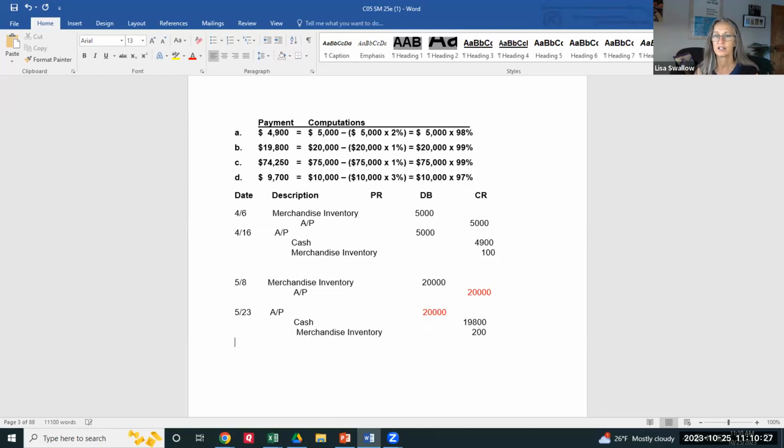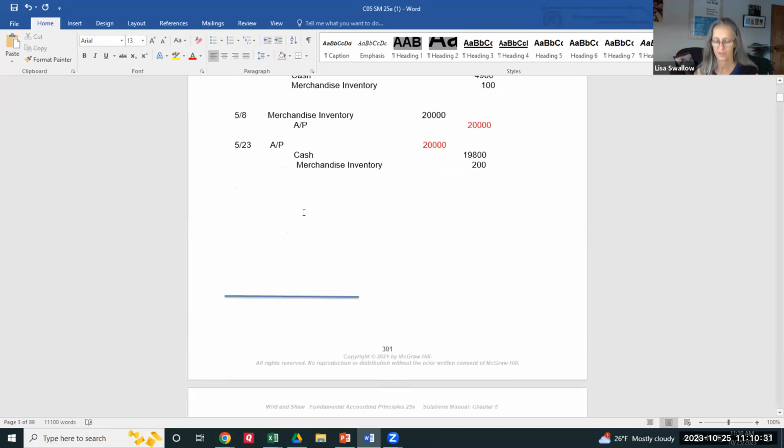And here is the finishing piece of this. Say this was purchasing, I don't know, 5,000 dog houses. How much did each dog house cost me?